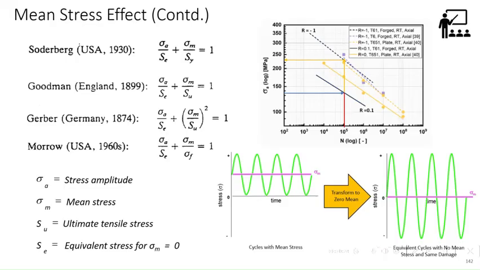What it actually does is find the equivalent amplitude of the applied stress corresponding to the same damage that would have occurred with mean stress equal to 0.